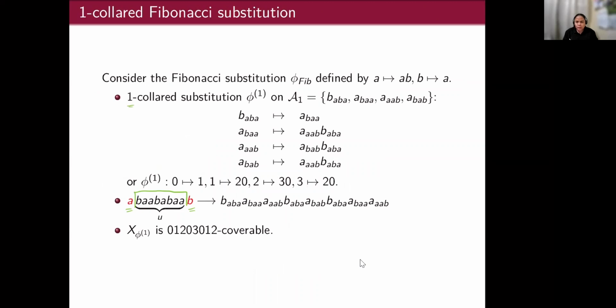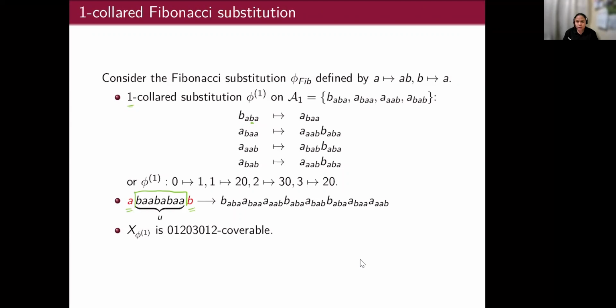When we have a one colored substitution, if we have the letter B, we want to take note of one letter to its left and one letter to its right. So A here is the left color of B, and A here is the right color of B.